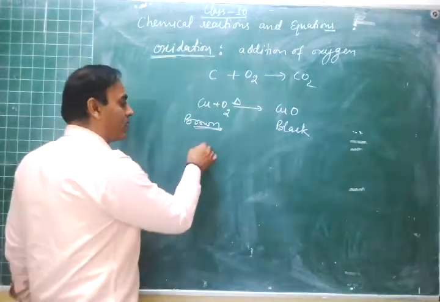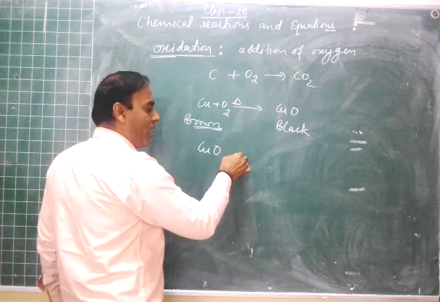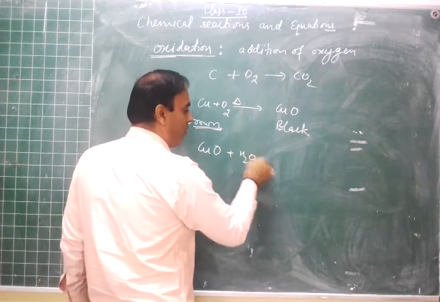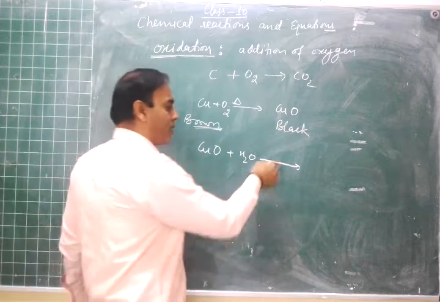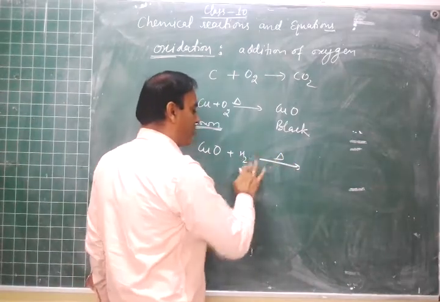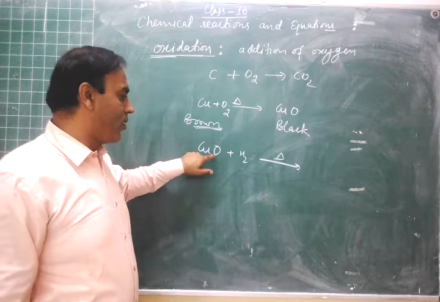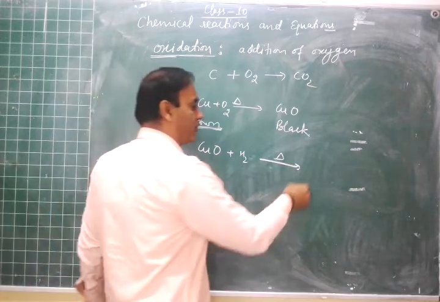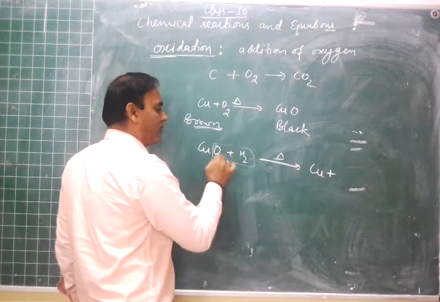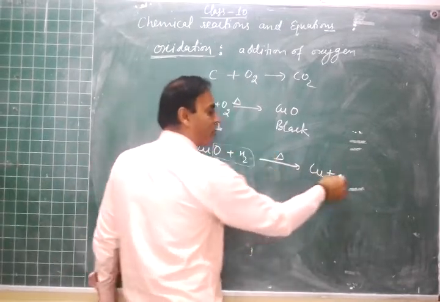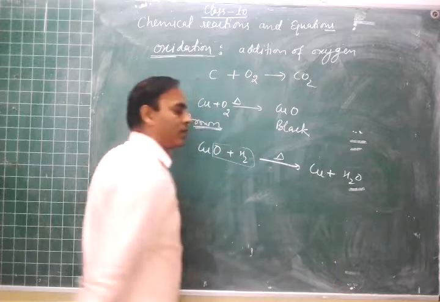Now if I pass hydrogen gas over copper oxide at high temperature, right? So this oxygen will be removed from copper and it can react with hydrogen to form water, right?